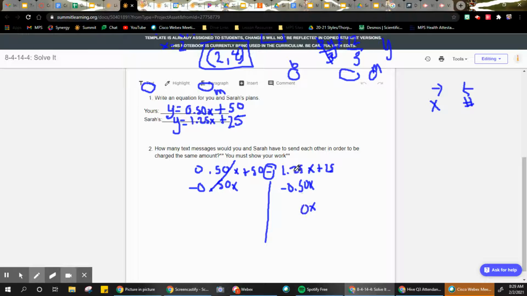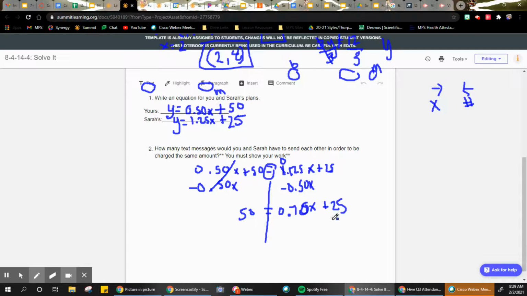I can't do 2 minus 5, so I'm going to borrow, make that a 0. 12 minus 5 is 7. Bring my decimal down. Oops, and this should have been a 5. Sorry, guys. Okay, so now I have 0.75x is equal to 50, and I've got to bring this 25 down here too. So I have 50 equals 0.75x plus 25.